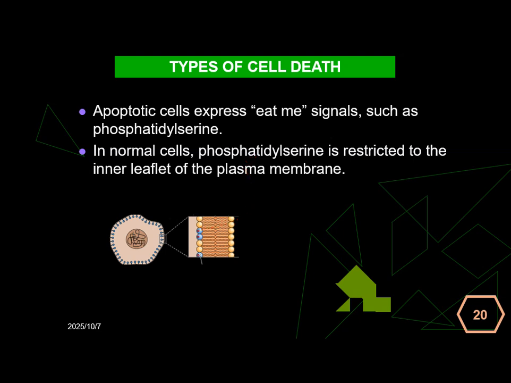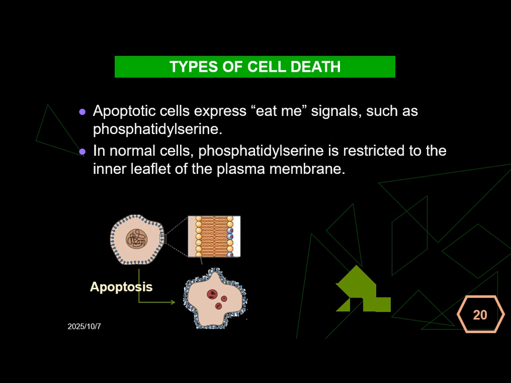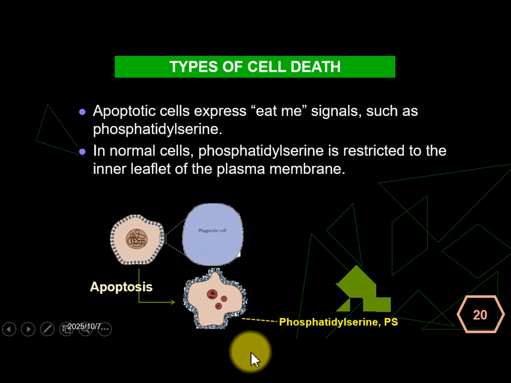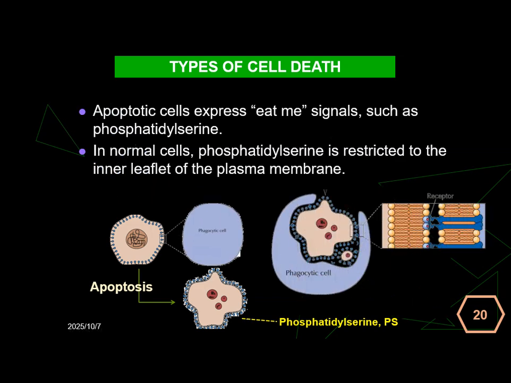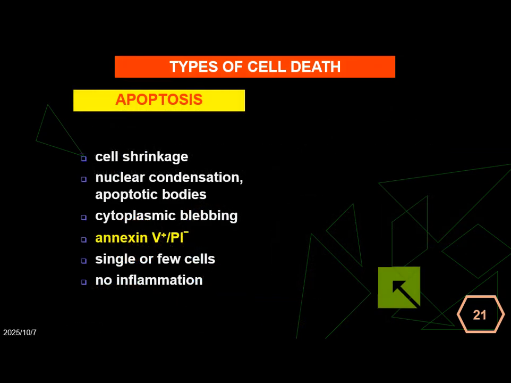And when the cell becomes apoptotic, they go inside out. So the phosphatidylserine signal will be coming outside, and that's a signal for the macrophage. The macrophage will recognize the signal, bind to it, and then engulf it.